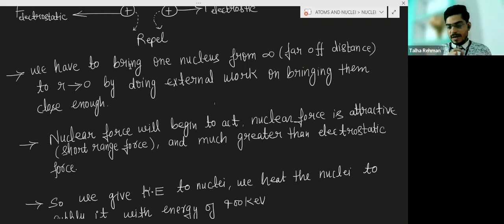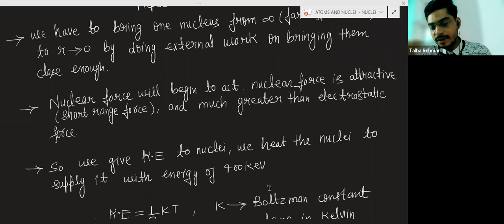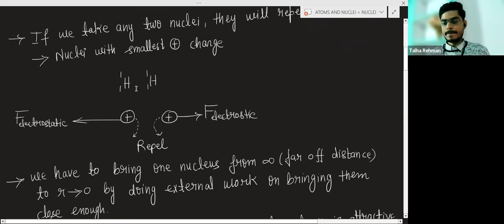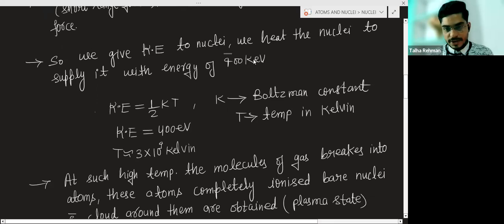Molecules will vibrate and move here and there. So we heat the nuclei to supply them with an energy of 400 kilo electron volt. Basically, we will give energy of 400 kilo electron volt to one of the nuclei. So this much kinetic energy we are giving in the form of heat.